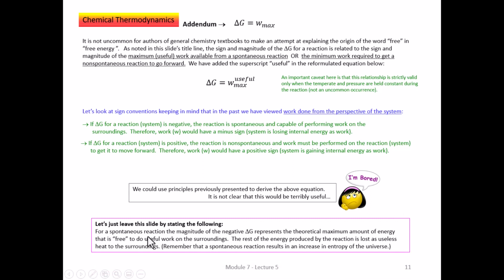For a spontaneous reaction, the magnitude of the negative deltaG represents the theoretical maximum amount of energy that is free to do useful work on the surroundings. The rest of the energy produced by the reaction is simply lost as useless heat to the surroundings. Remember, a spontaneous reaction results in an increase in the entropy of the universe.